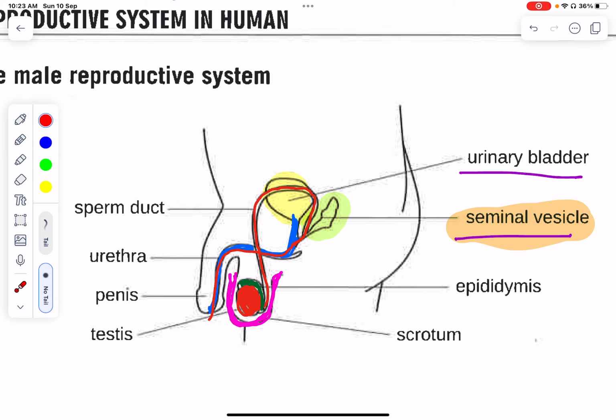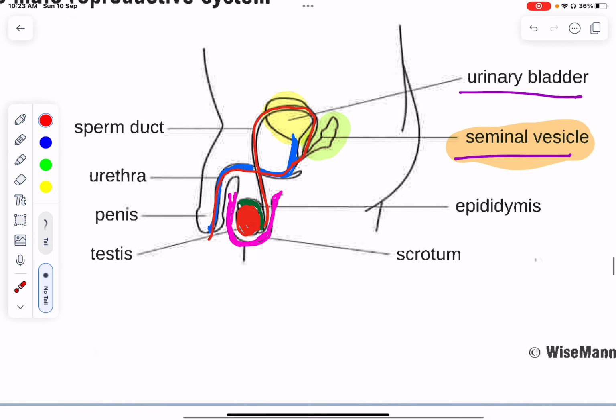The sperm duct transports the sperm out from the testes. But do take note that the sperm itself is just basically some sperm cells. It has to be combined with other forms of enzyme or nutrition. That's why it forms semen.